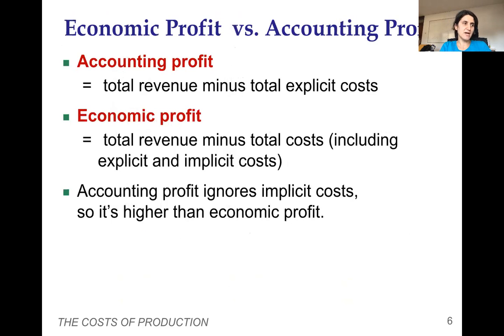Accounting profit is total revenue minus total explicit costs. There's a difference between accounting profit and economic profit. Economic profit is total revenue minus total costs. When we are talking about economic profit, you calculate both implicit and explicit cost, where implicit costs are those in which you consider the opportunity cost. Accounting profit ignores implicit costs.